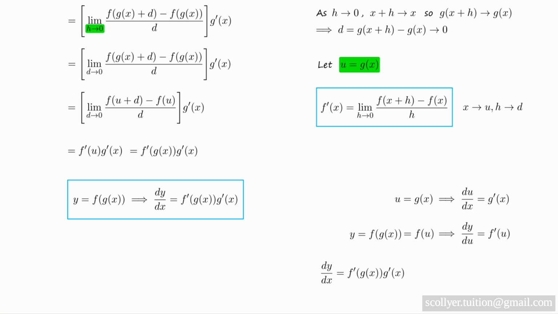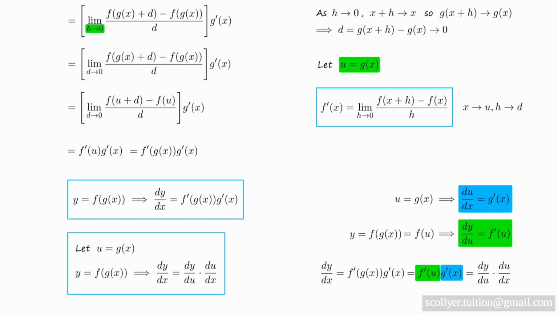Now we take the expression that we have derived and we make the substitution u equals g of x to get f dashed of u times g dashed of x, and on making these substitutions, we obtain dy by dx equals dy by du times du by dx. So we have that if y equals f of g of x and we let u equal g of x, then dy by dx equals dy by du times du by dx.